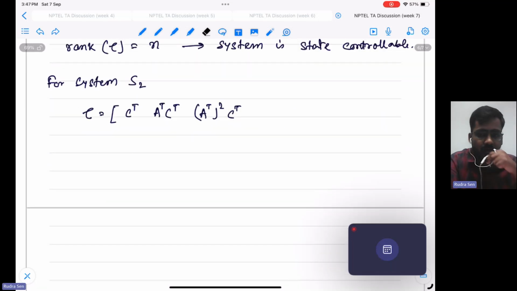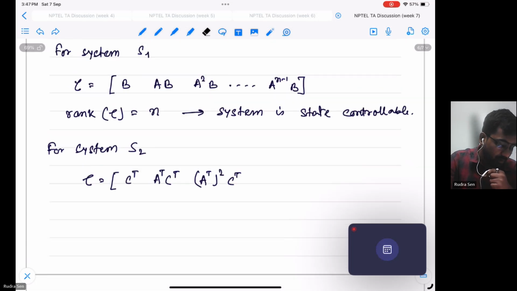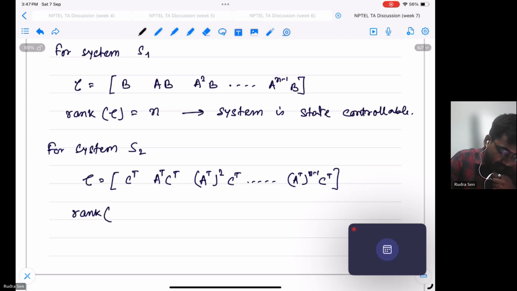Right. So here you can see, for system S1, if the rank of this matrix is n, then the system is state controllable. The rank of this matrix should be n.